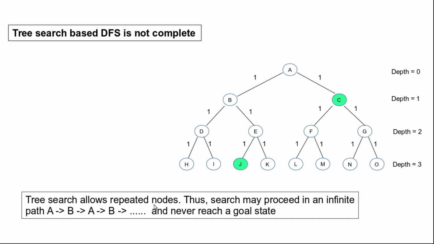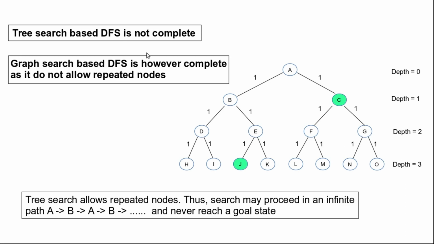So it may happen that from A we generate B, and then from B we again generate A, because we are not checking for repeated nodes, and then from A we again generate B, and then from B we generate A, and like this we may go on an infinite path, and hence we may never reach a goal state. It's not guaranteed that DFS will reach a goal state even if one is present, so we can say that tree search based DFS is not complete.